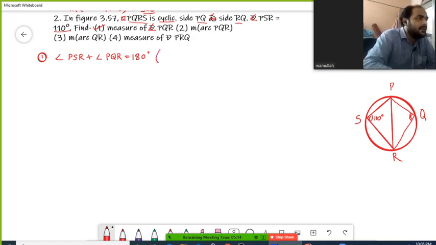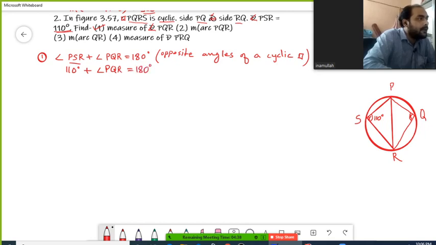And here you can write: opposite angles of a cyclic quadrilateral. Angle PSR is already given as 110 degrees. So this can be replaced with 110 degrees plus angle PQR is equal to 180 degrees.